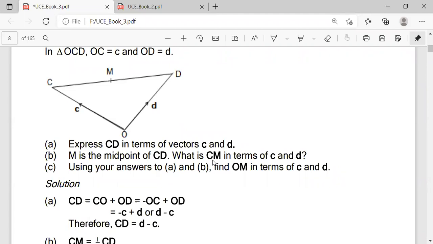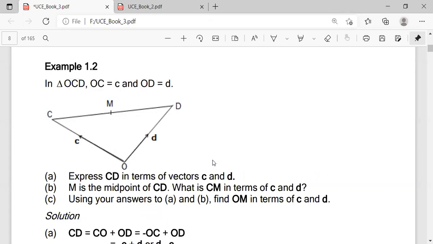To get its coordinates, we divide the sum of the coordinates of C and D by 2. So if M is the midpoint, what is CM?